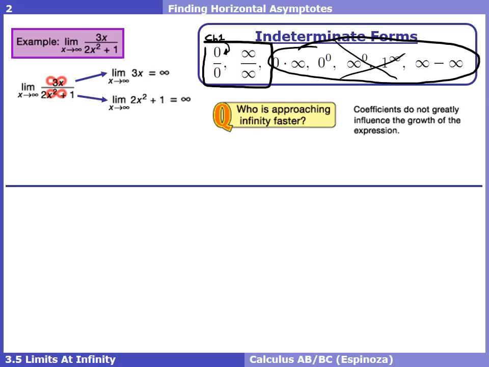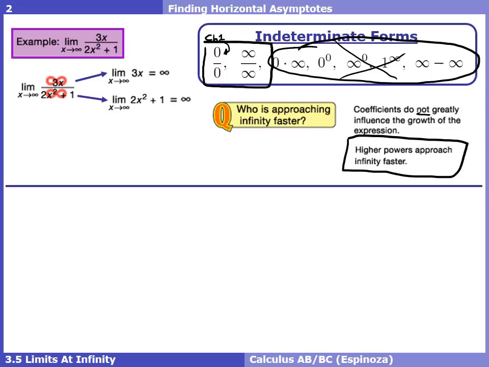The numbers in front of our variables, which we call coefficients, do not greatly influence the growth. In other words, taking infinity times 3 isn't going to really make too much of a difference in terms of that final answer. But this is the key. This is the part that I would definitely highlight and take note of.